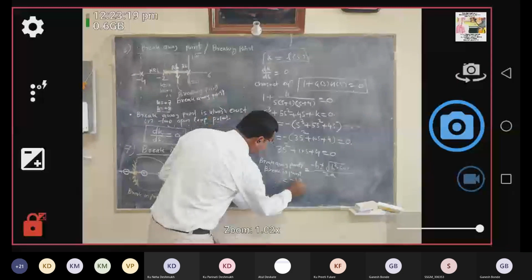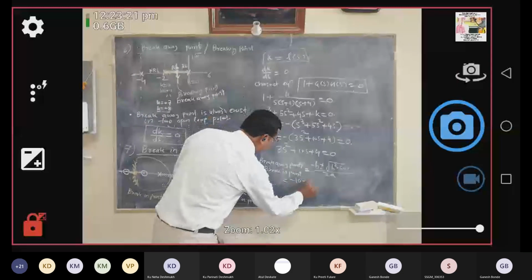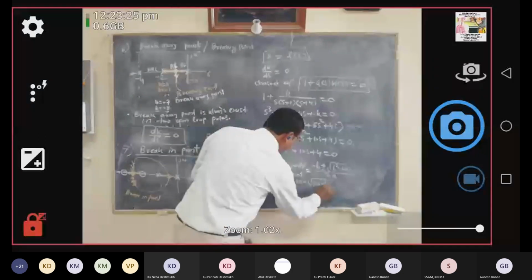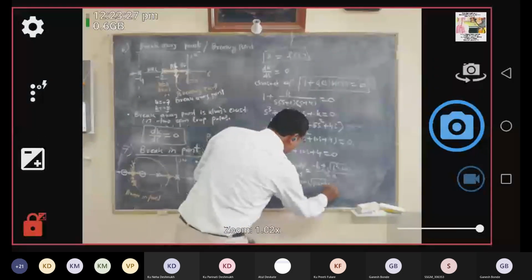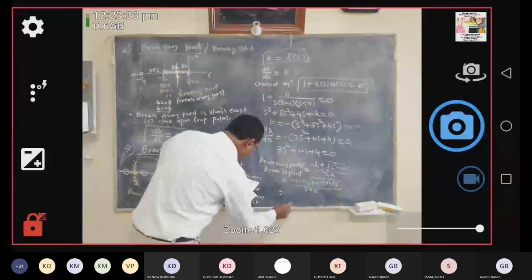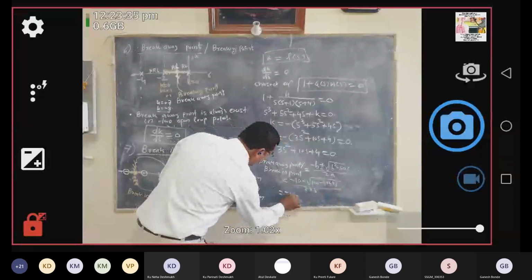So you will get minus 10 plus minus square root of b square, which is 100, minus 4 into 3, upon 2 into 3. If you determine this value, one point you will get is -0.46, and the second point you will get is -2.86.